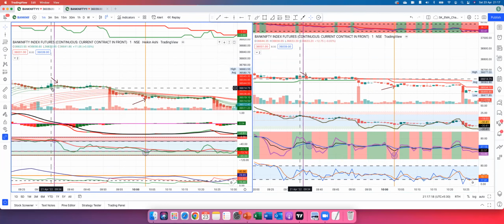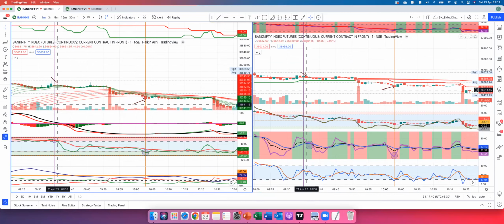Now you see here, at around 9:35 on 21st April, we had a turn happening at GMMA, and there's a doji also coming into the picture. Then MACD is clearly saying that it is down, so it can go down further. Willy gave a very clear signal over here. Then you see at this point, RSI EMA also turned, from green into the red zone.